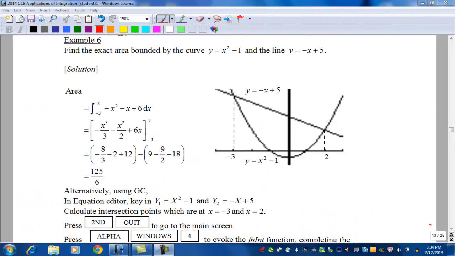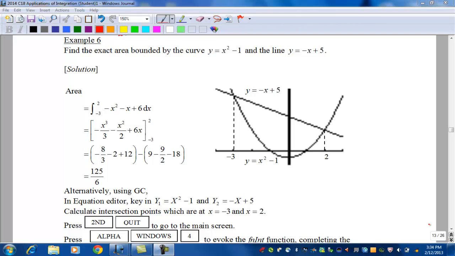Right, I hope the earlier discussion on example 8 method 3 allows you to refresh your memory on what you have learned in O level. Now flip back a few pages to look at example 6. Example 6 says this: find the exact area bounded by the curve y equals x squared minus 1 and the line y equals negative x plus 5.